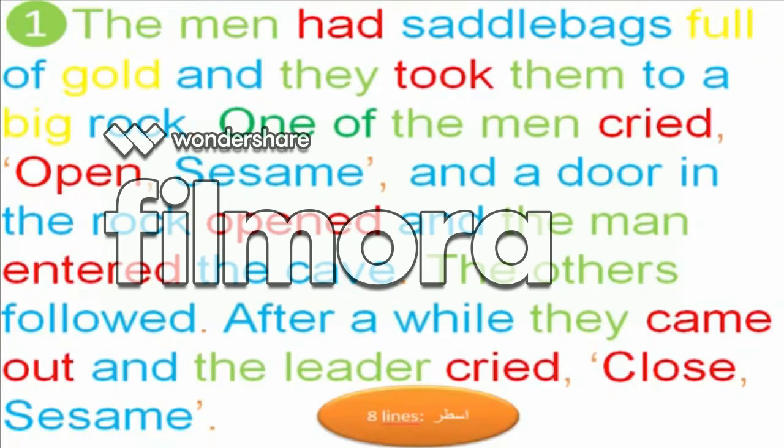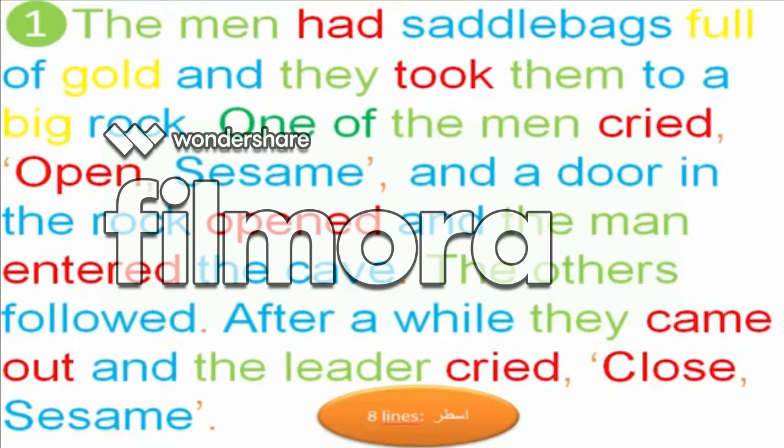And the man والرجل، قلنا one of the men أحد الرجال هو الذي صرخ بعد أن فتح الباب، the man ذاك الرجل، the man entered دخل. ماذا دخل؟ الكهف, the cave. Again: one of the men cried open saying, and a door in the rock opened, and the man entered the cave.